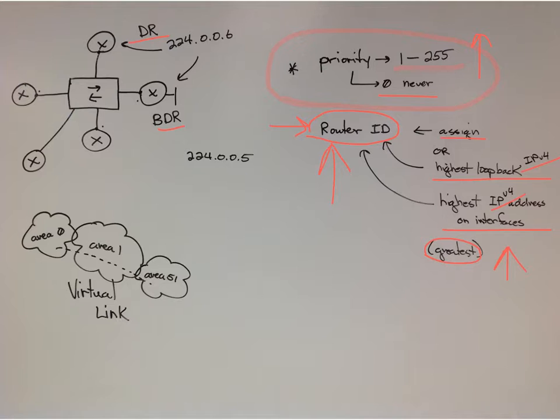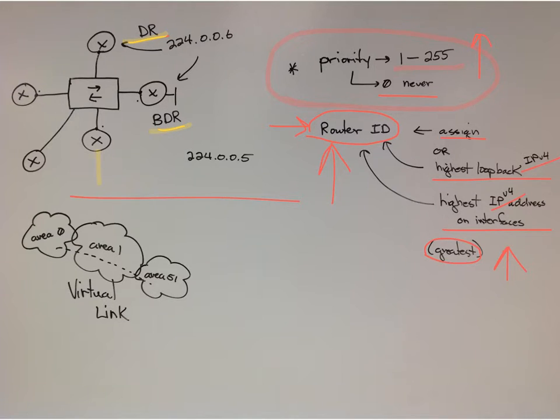In OSPF. The last thing, it's a little crazy, but let's run through it here briefly. In this scenario, once you elect a DR and a backup DR, once you select those, they stay that way. Okay?